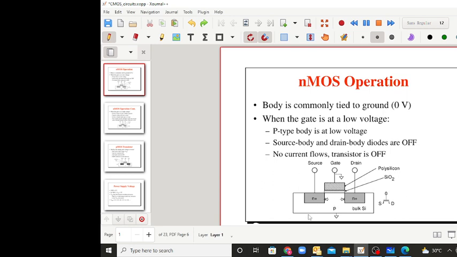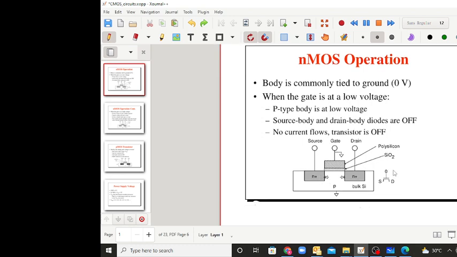It will have a p type substrate and two n plus diffusion layers, and there will be a SiO2 layer, and then a polysilicon layer, similar to a metal layer, and then the gate. When the transistor is off, there will be no current. When you properly bias this, and the gate has a voltage more than the threshold voltage, there will be current flowing through it.